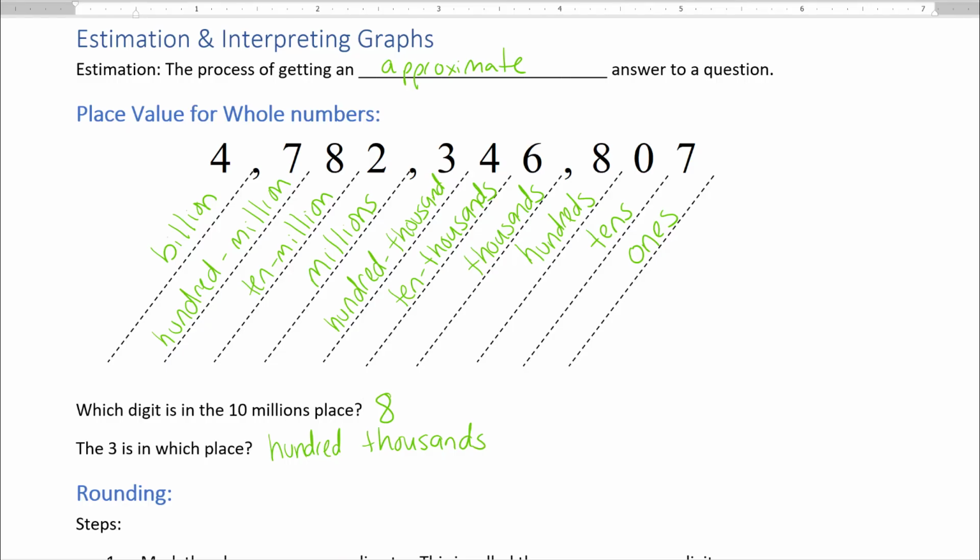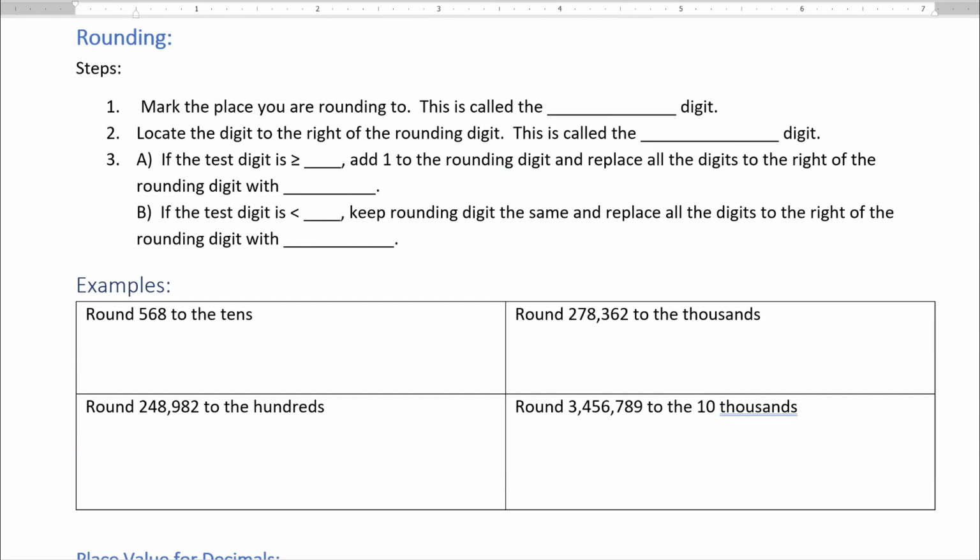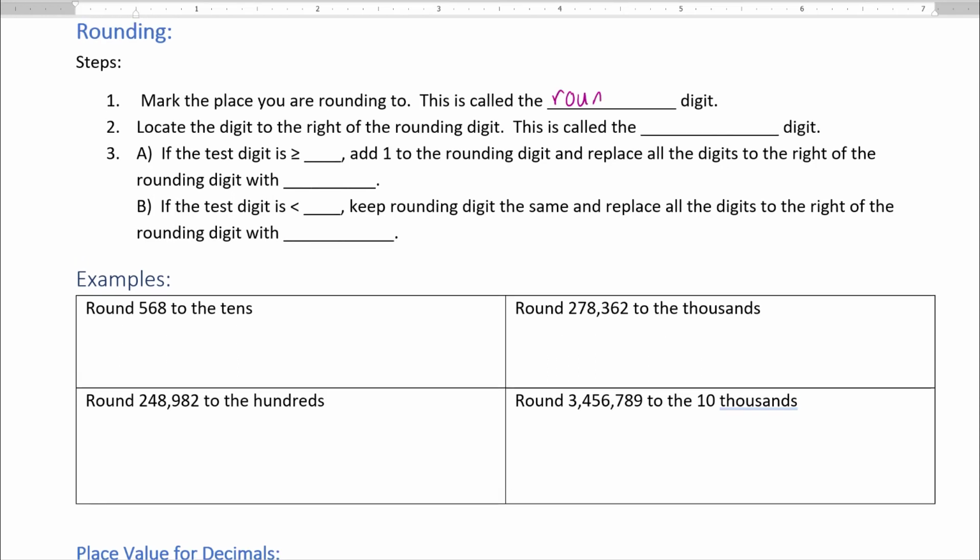So now that we know what the digits are, we're going to learn how to round. The steps for rounding: mark the place that you are rounding to, and this is what we call the rounding digit. Next, locate the digit to the right of the rounding digit. This is called the test digit.